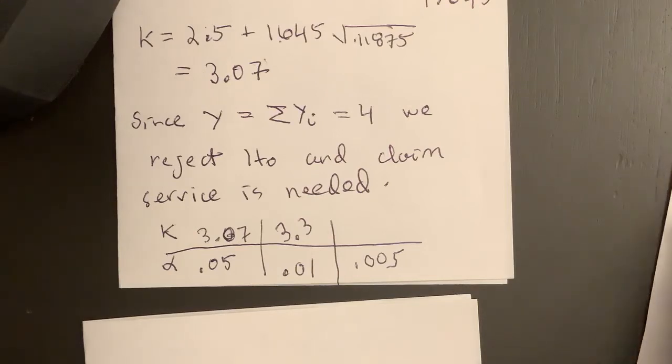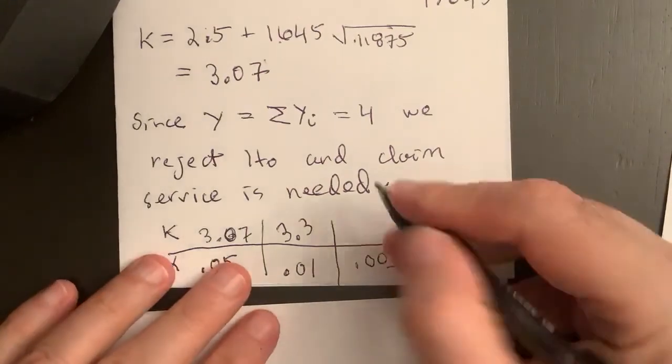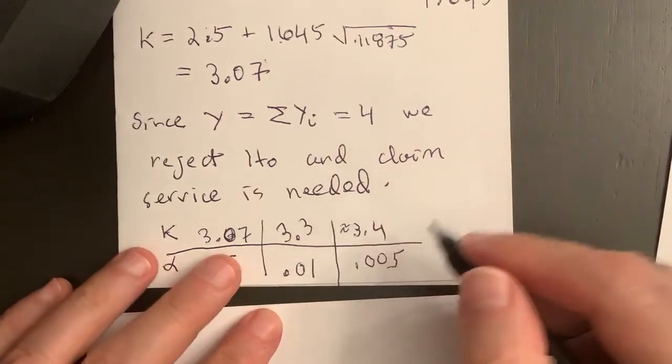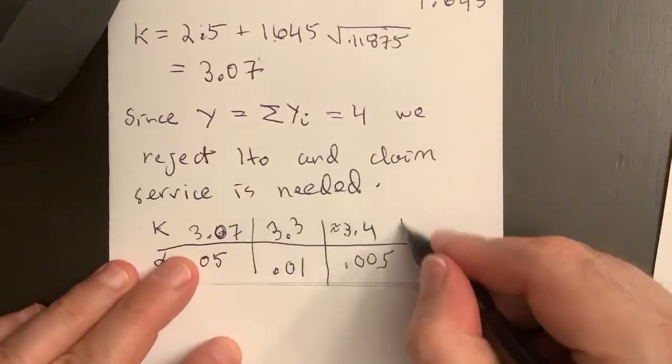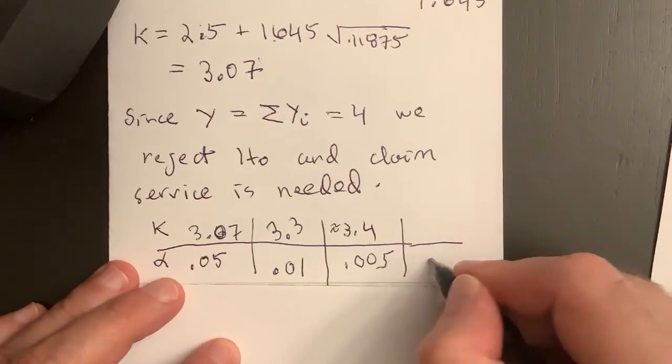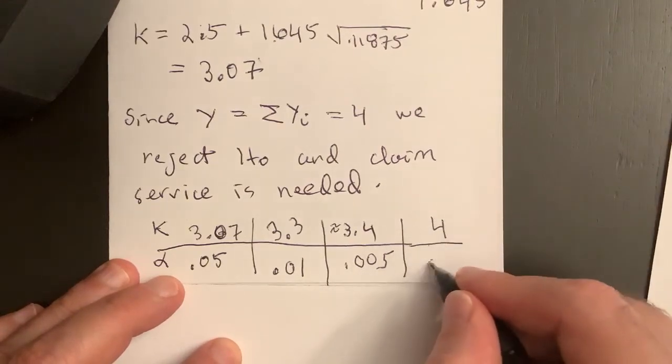I get 3.4 about. This is about, it's about 3.9 actually. So if I come here, the question is at 4, what is this p here?